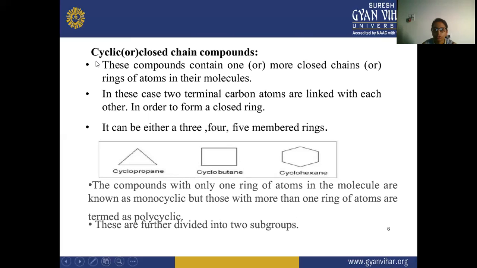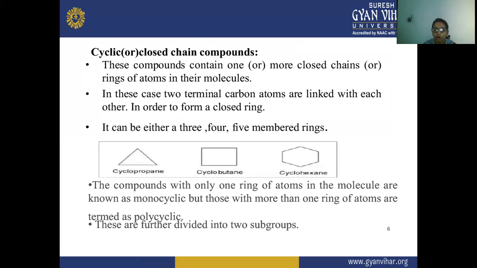So you can see here that the cyclic or closed chain compounds are compounds which contain one or more closed chains or rings of atoms in their molecules. Here, they contain one closed chain or more than one closed chain.